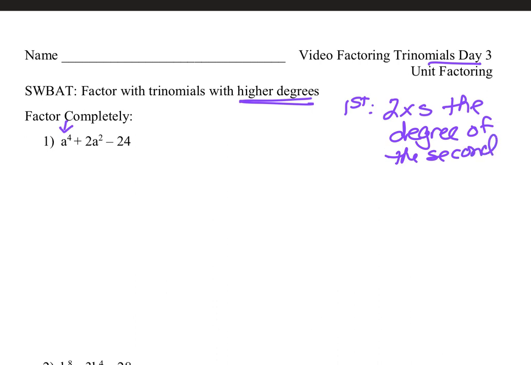So the second one's half, however you want to think of it. So this has 4 and this has 2. Perfect. 6 and 3. 8 and 4. As long as the first one is double the second one, we're good. And then the last one, as per the usual, doesn't have any variable on it at all.